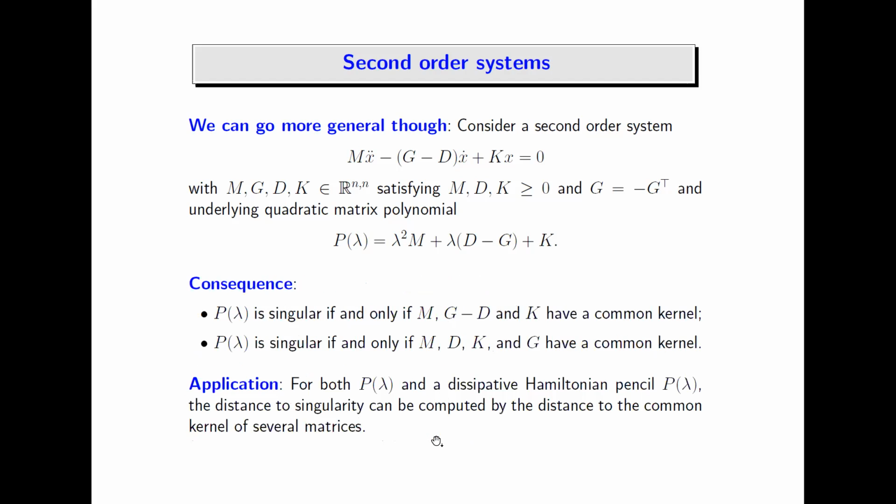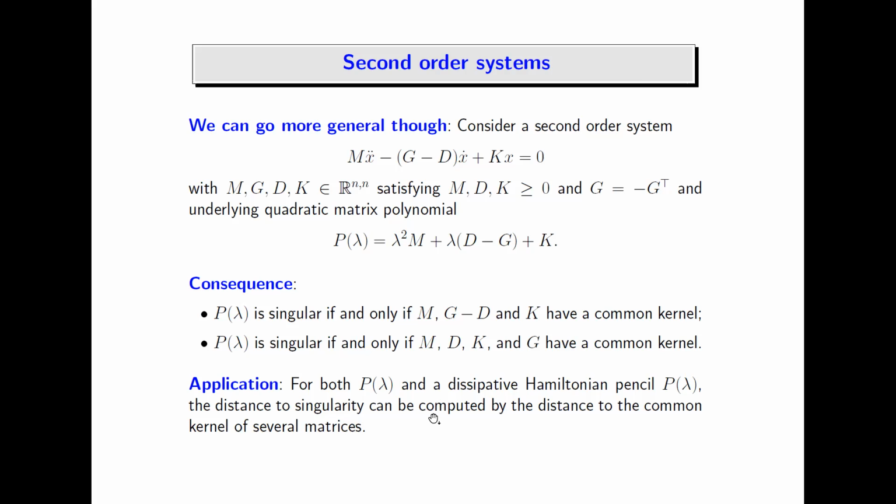And again, this has the effect that the matrix polynomial is singular if and only if the 3 coefficient matrices have a common kernel. And using the same argument that I showed before, this turns out to mean that the 4 matrices have a common kernel. And this is a nice feature because it gives you the possibility to compute the distance to singularity easily, because you just have to check what is the distance to a common kernel of several matrices.